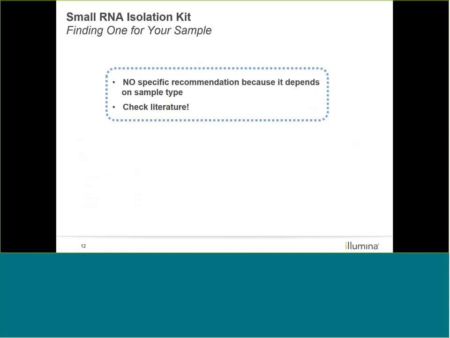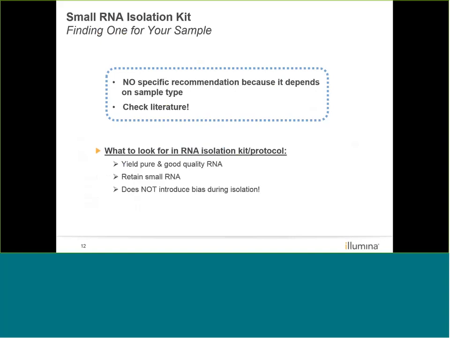Even though we don't have specific recommendations, we do have guidelines in terms of what to look for in the RNA isolation kit or protocol. First of all, the kit or protocol should give you pure and good quality RNA. Secondly, it should also retain small RNA.